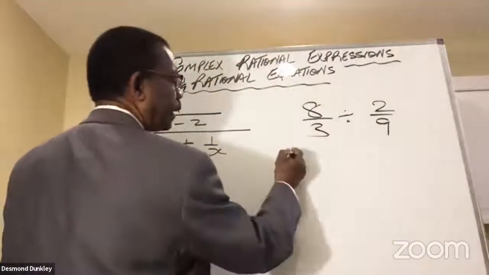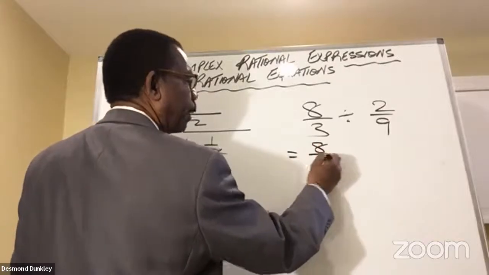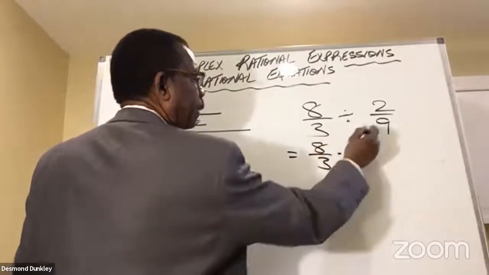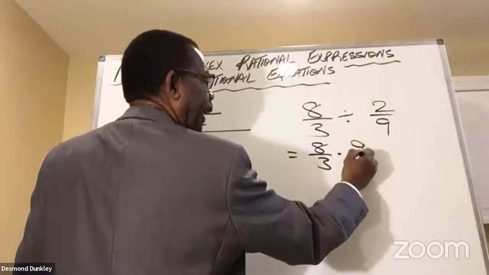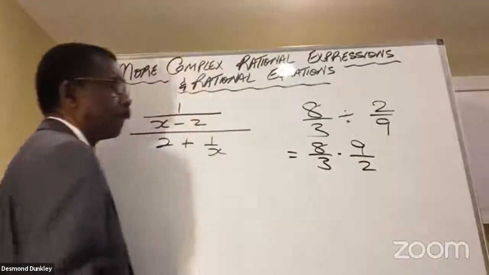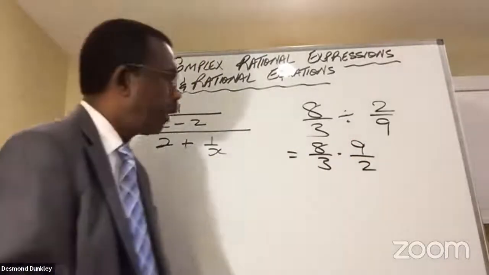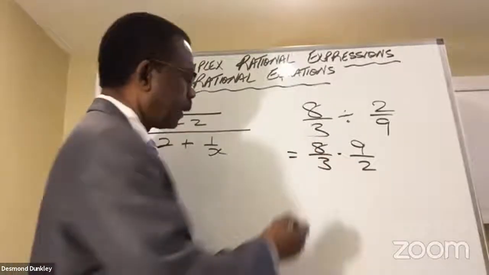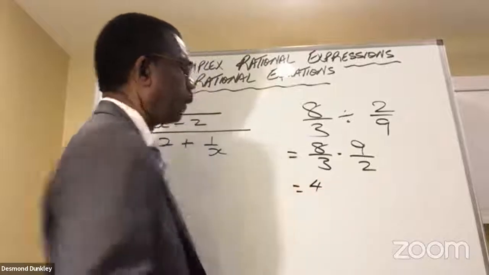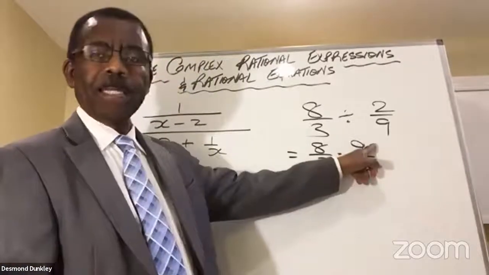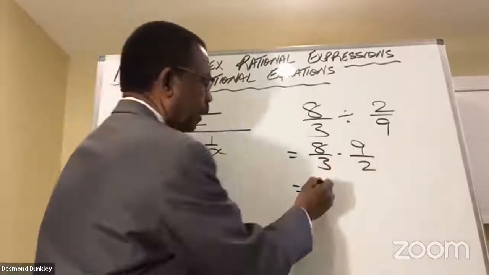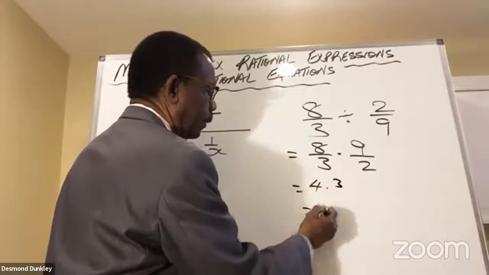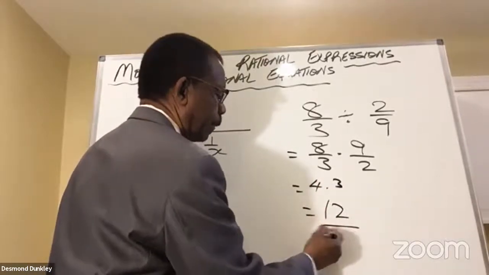So what is done? It's 8 over 3 times, flip this, you now end up with 9 over 2. So now you have 8 on top, 2 on the bottom. 8 divided by 2 is 4. 3 on the bottom, 9 on top. 9 divided by 3 is 3, so the answer is 12.